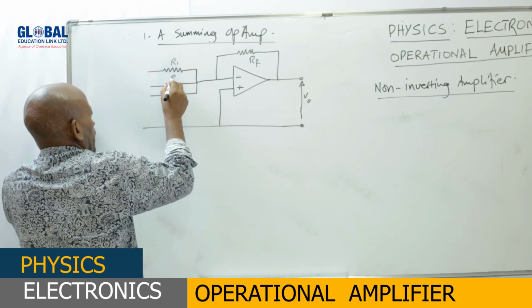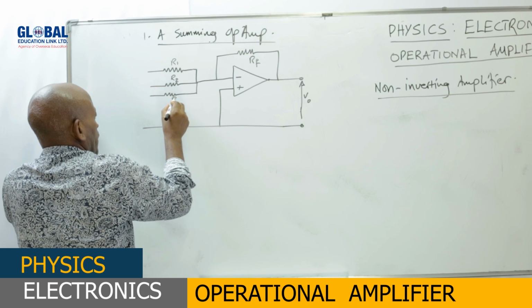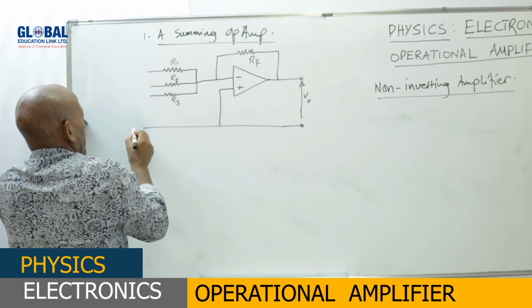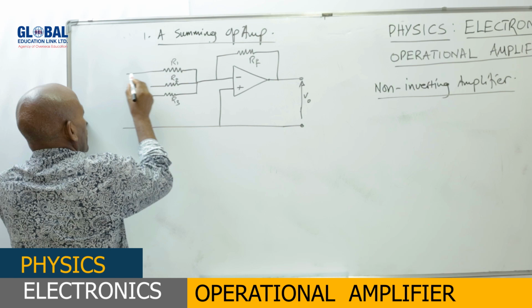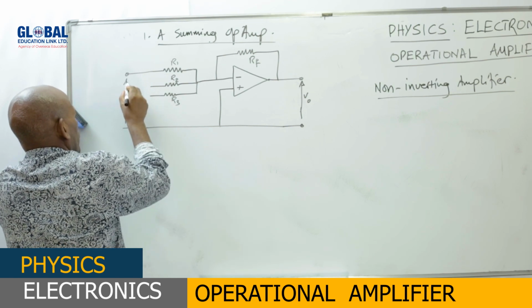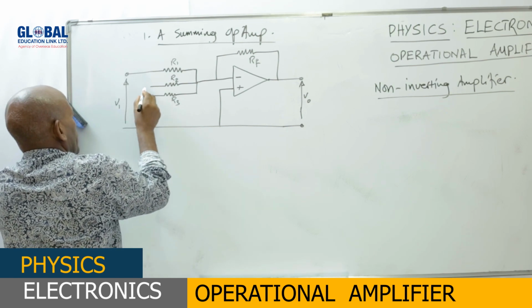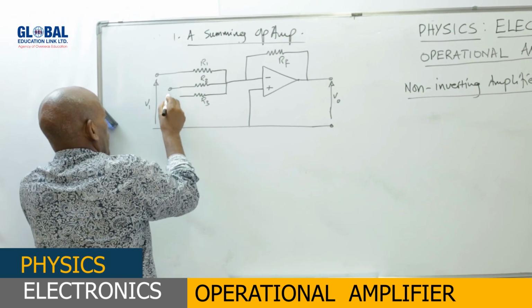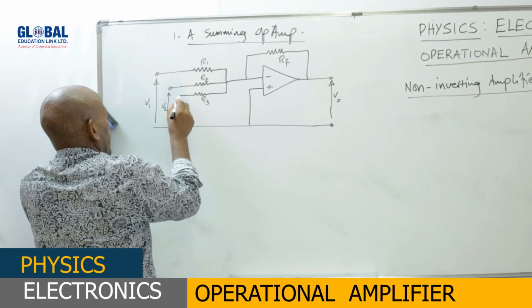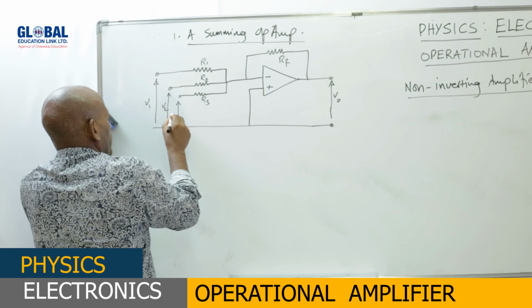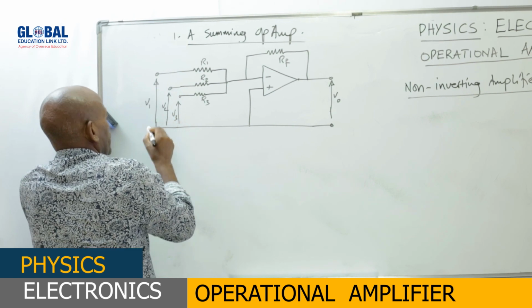So we can call this R1, R2, and this R3, and this is connected. We could have the input voltage V1 here, another input voltage V2 here, and another input voltage V3 there.